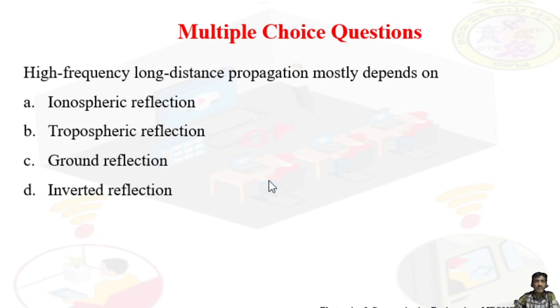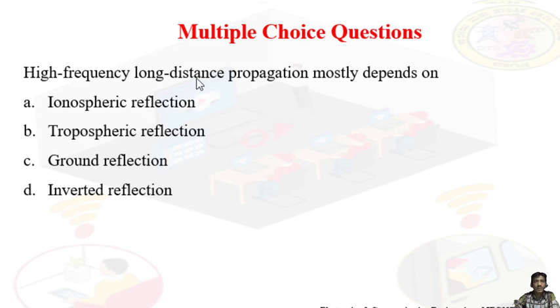High frequency long distance propagation mostly depends on: ionospheric reflection, tropospheric reflection, ground reflection, inverted reflection.